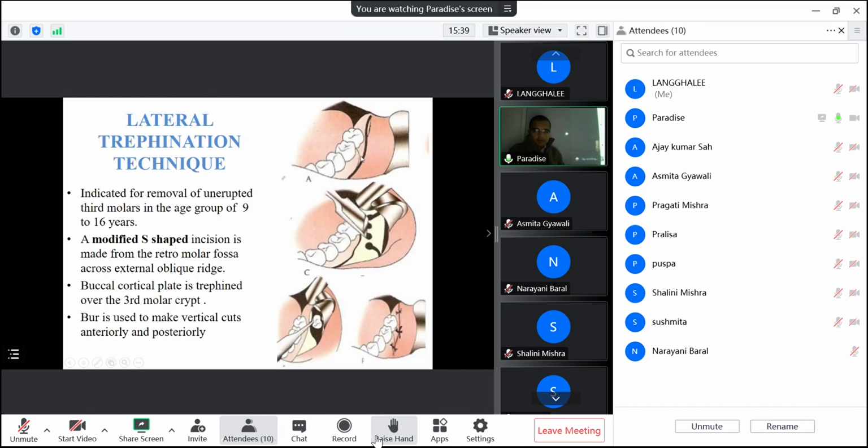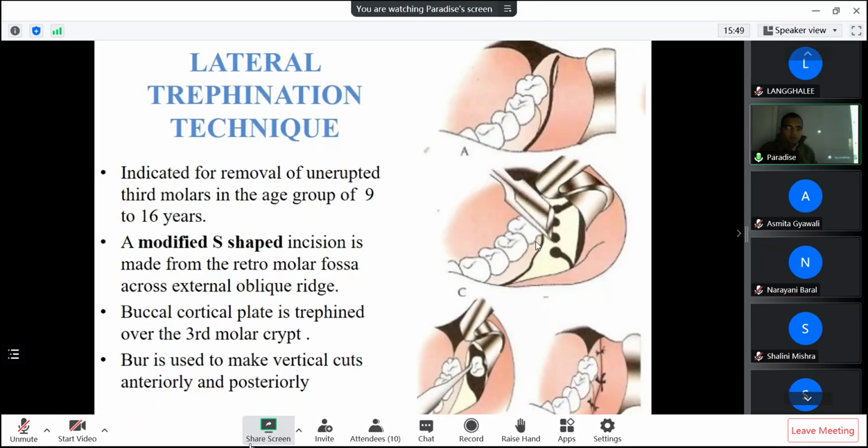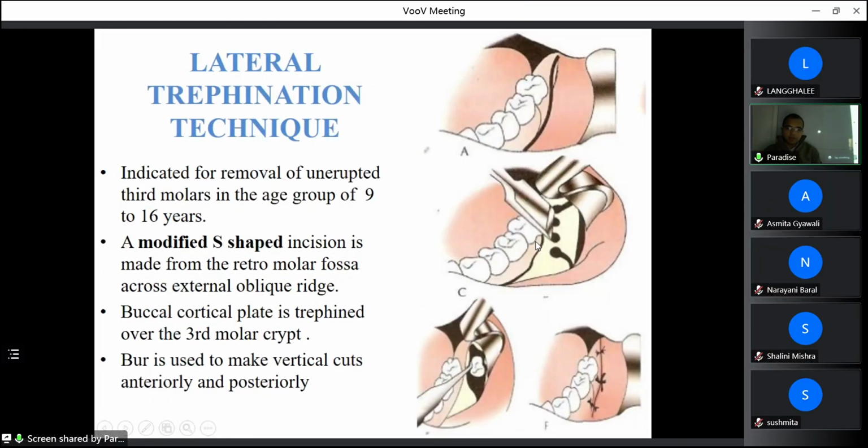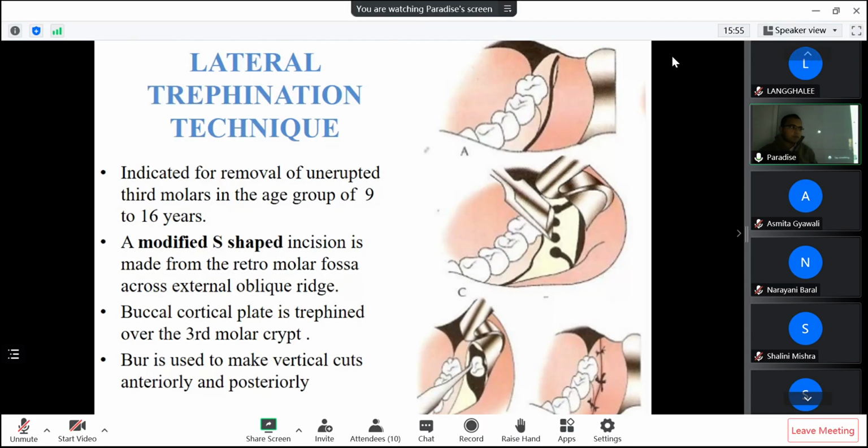As you can see in the first figure, this is the incision line. After that, the buccal cortical plate is trephinated over the third molar crypt. After this trephination, a bur is used to make vertical cuts anteriorly and posteriorly, and the buccal bone is removed. Once the buccal bone is removed, you can remove the tooth bud of the third molar.